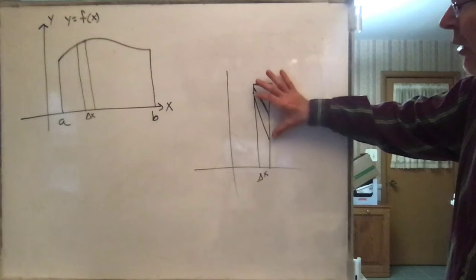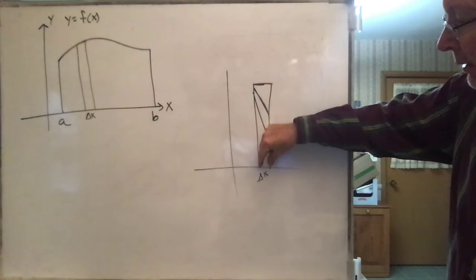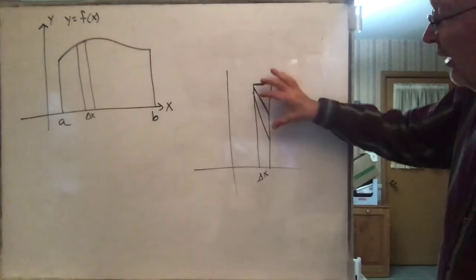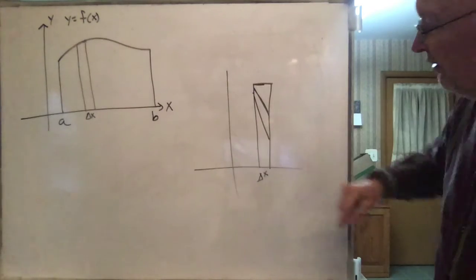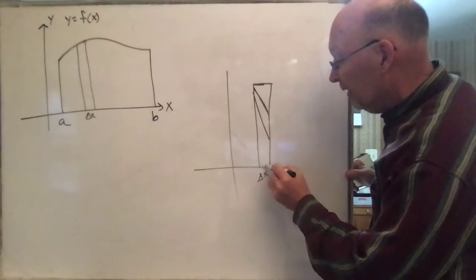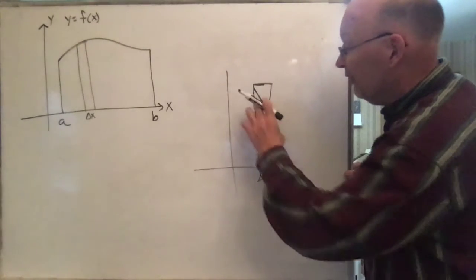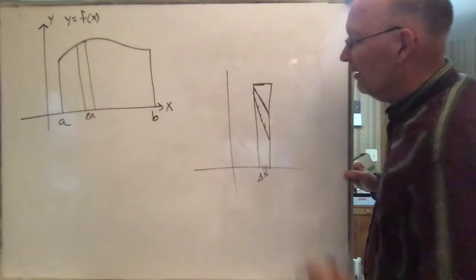You could get a whole lot of length in there, which is not going to be anywhere close to this little delta x. And you're not going to make this length any smaller by breaking this thing up. If you break it up into little pieces, the sum of them is still going to be long. You're not going to make it short just by breaking it up into little pieces.